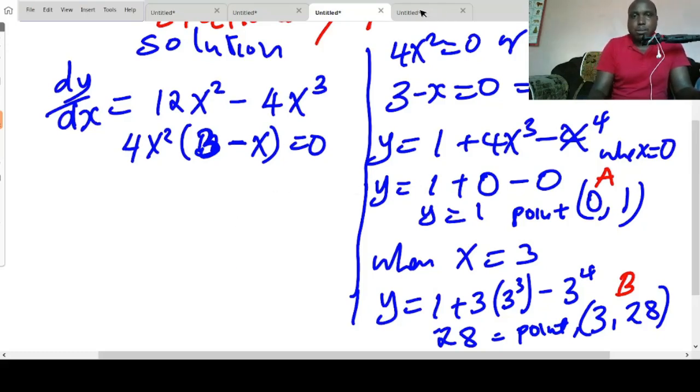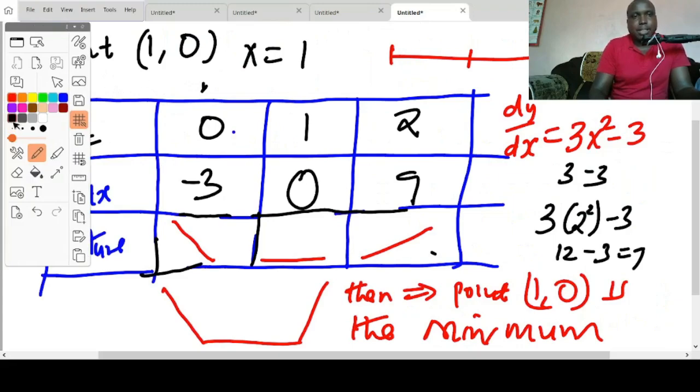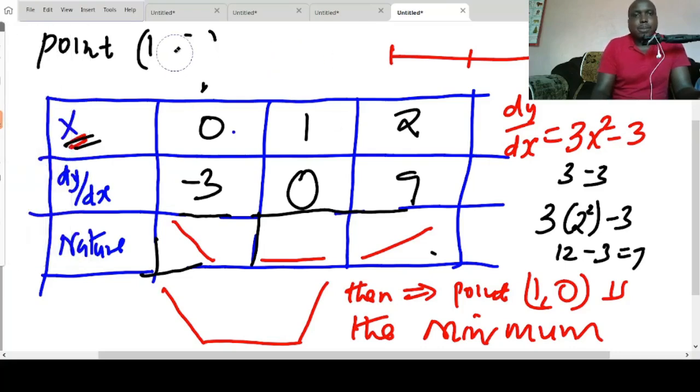You draw a table of this nature. Maybe I can draw it again, but there's no need. I can delete this, so you can delete everything up there.